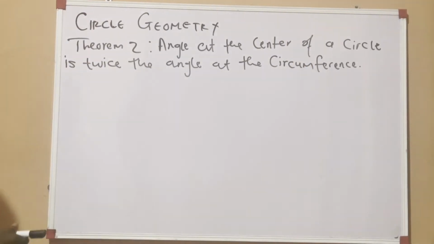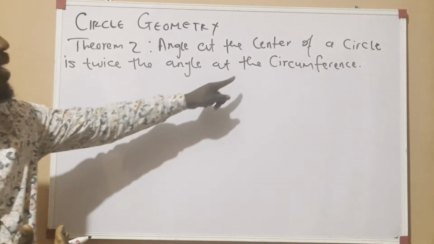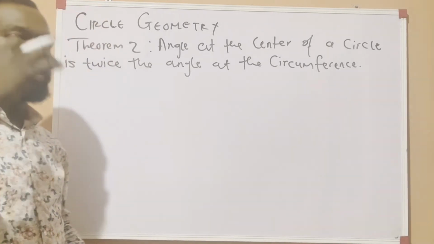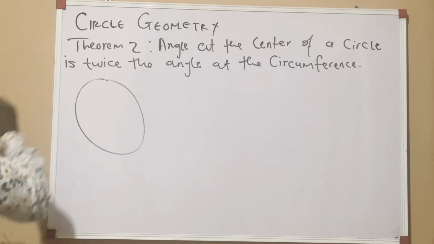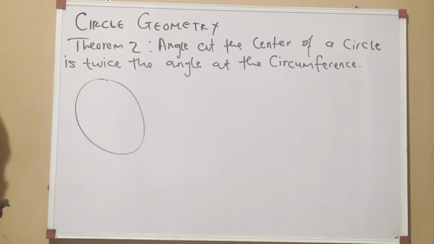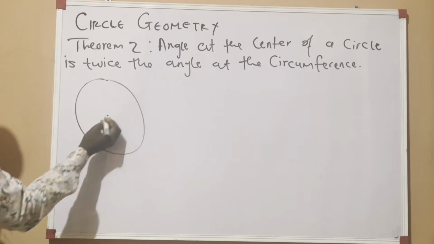First of all, let us show how the angle at the center is twice the angle at the circumference. Say this is a circle, and let us say this is the center of the circle.